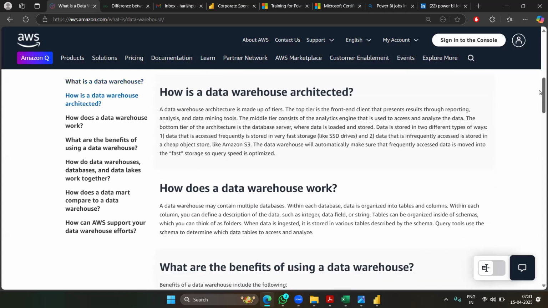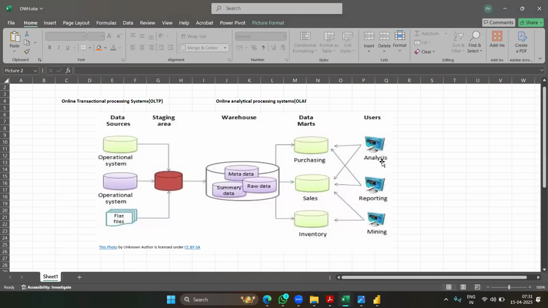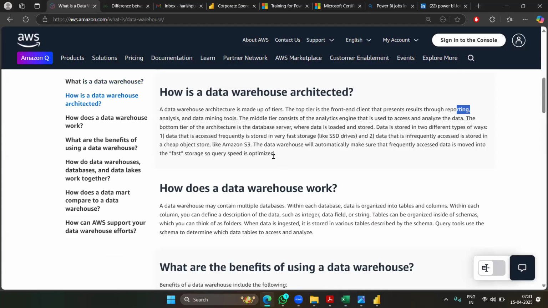And if you see it architecture-wise, a data warehouse architecture is made up of tiers. The top tier is the front-end client that presents results through reporting, analysis, and data mining tools. We are sitting on the top tier. This one, analytics, reporting, and all those things.